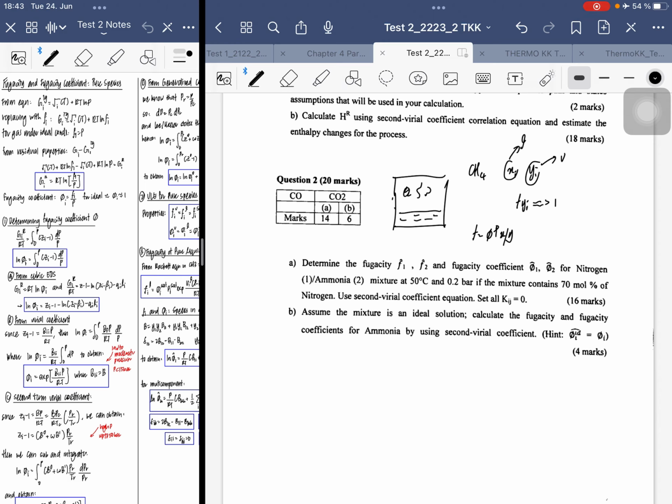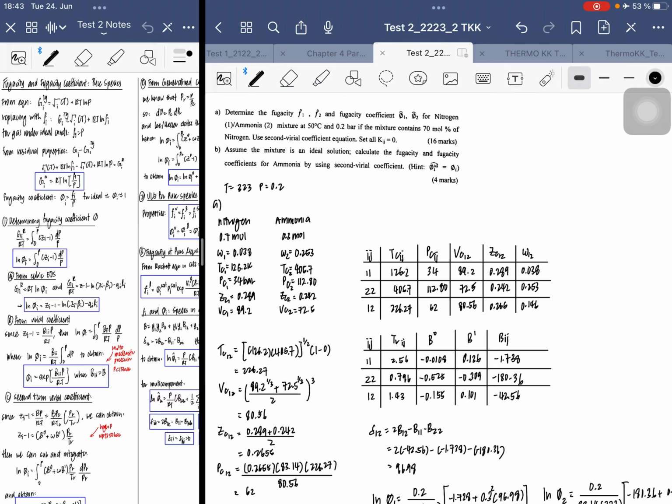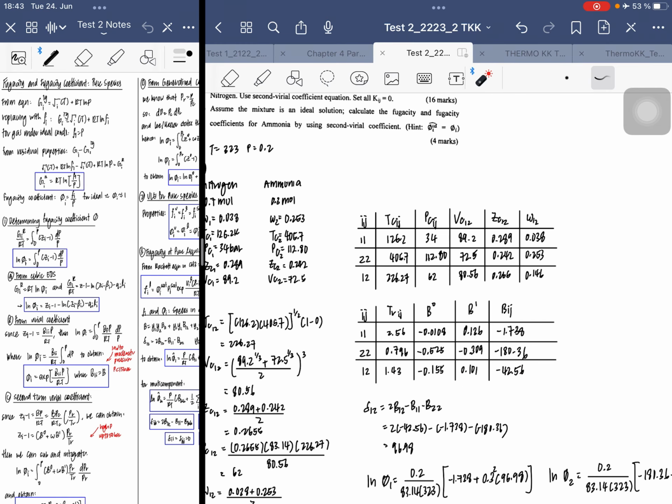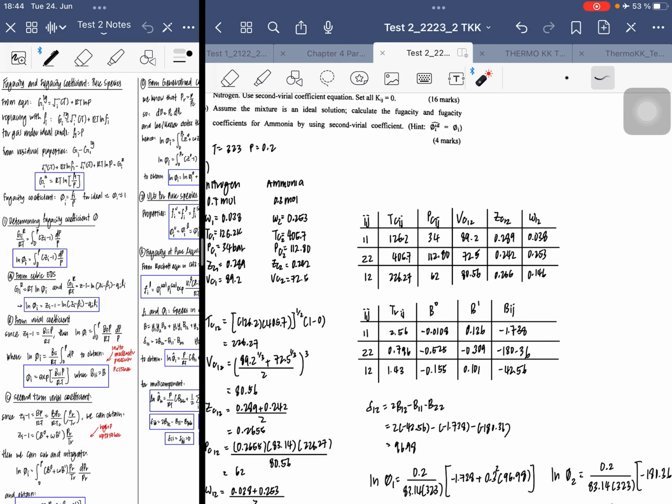To make your job easier, construct these two tables, where we have different values of TC, PC, VC, ZC, W, TR, B, and BIJ.